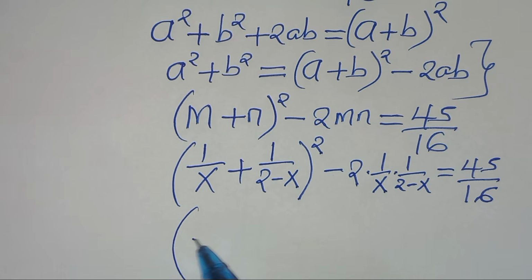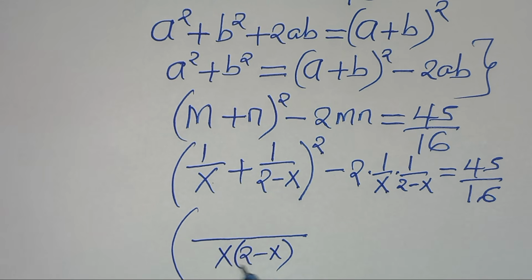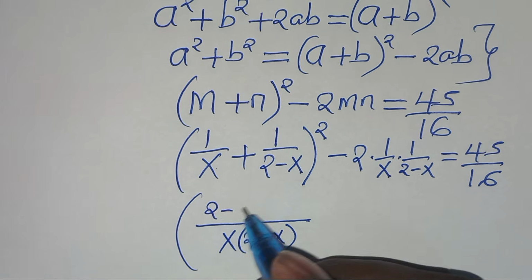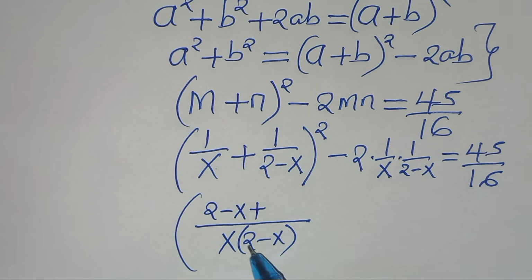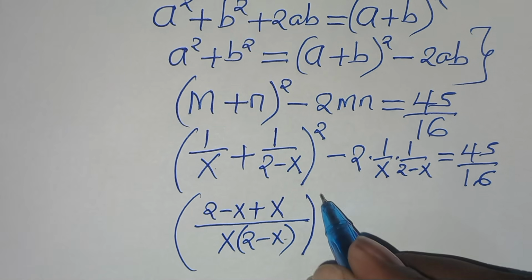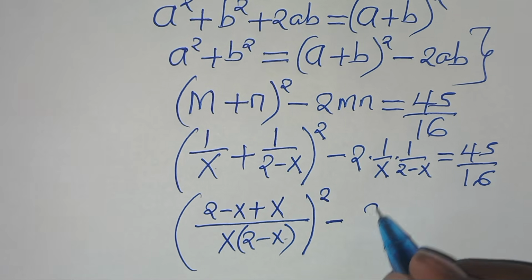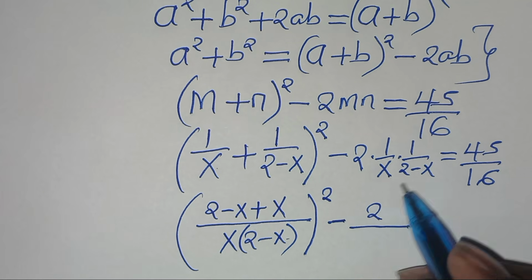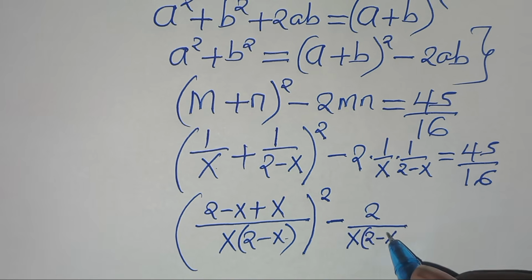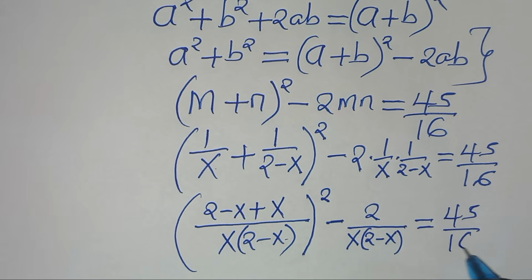Here we have the LCM, which is x multiplied by 2 minus x, so x(2 minus x) divided by x is 2 minus x, plus x(2 minus x) divided by 2 minus x is x, everything raised to the power of 2, then subtract 2 times 1, which is 2, divided by x multiplied by 2 minus x, equal to 45 over 16.